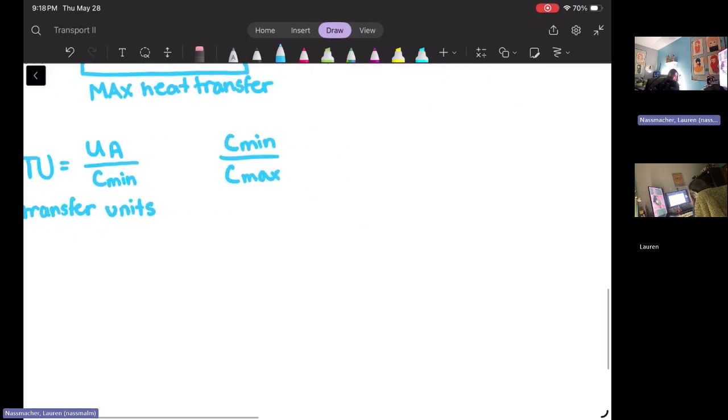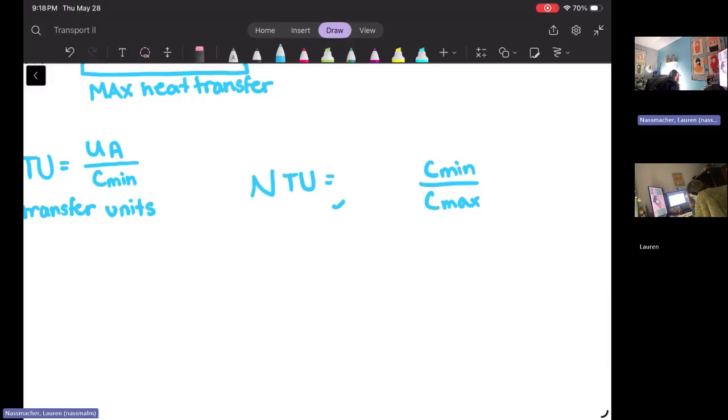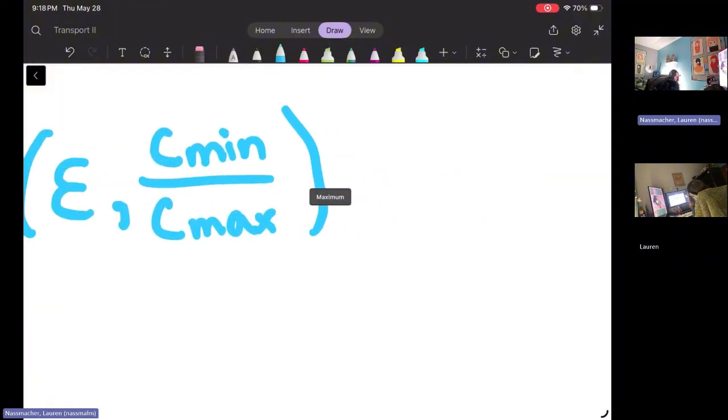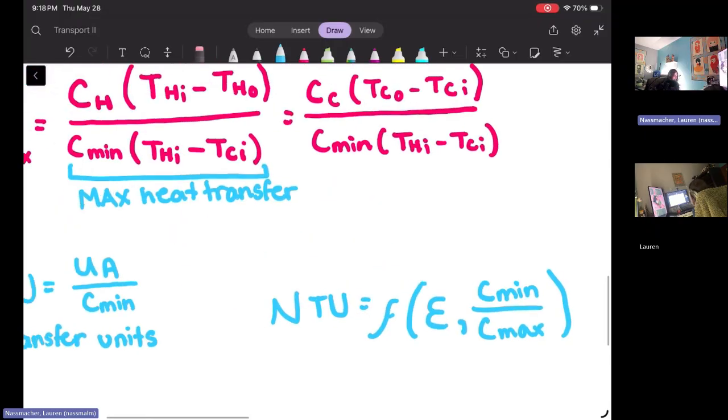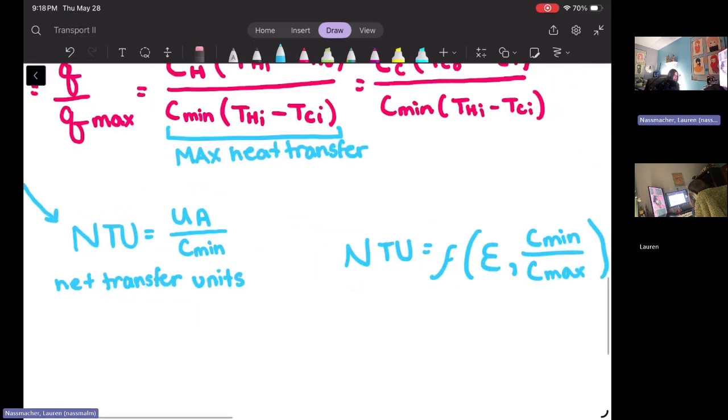And you can say that net transfer units are equal to a function of efficiency. I'm not going to say this whole thing again. You want me to say it again? Okay, mass flow rate heat capacity of minimum. I'm not doing it. But yeah, it all relates back, right?